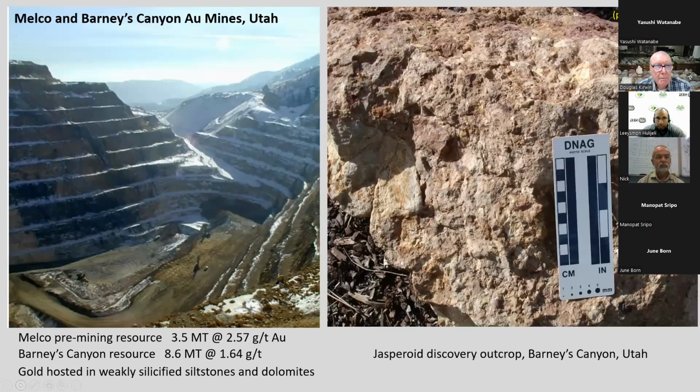And this was based on the Bingham Canyon district, where the Malco and Barney's Canyon sediment-hosted gold deposits were distal to the Bingham Copper Porphyry Canyon. On the left is a photo of Malco when it was being mined, and there's a shot of the actual jasperoid discovery outcrop at Barney's Canyon.